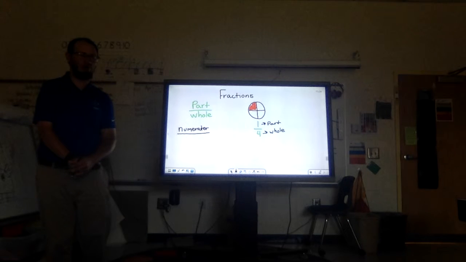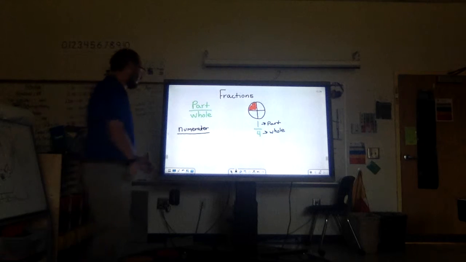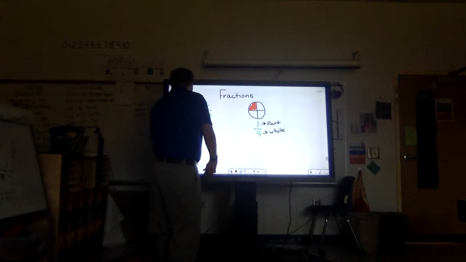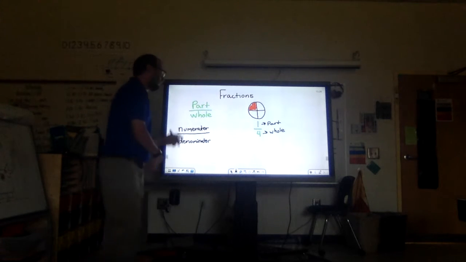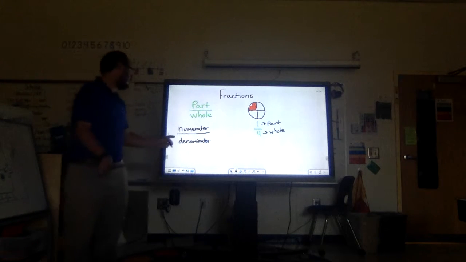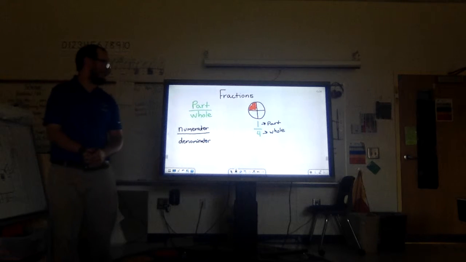What is the bottom number called? Sadie. Good job. It's called the denominator. The numerator is the top number. The denominator is the bottom number.